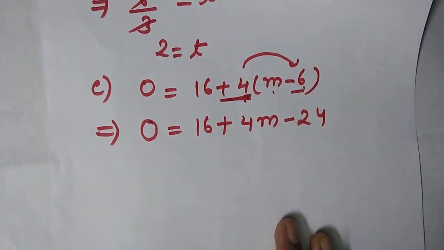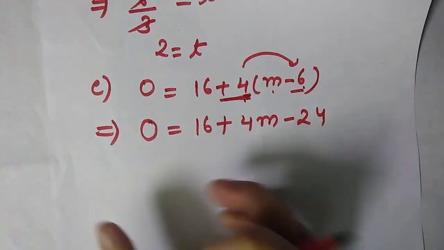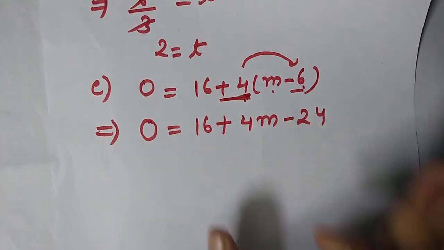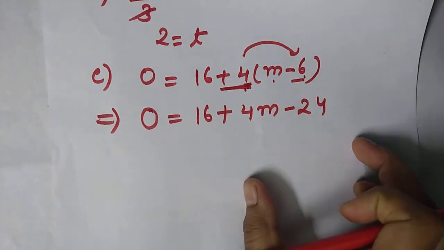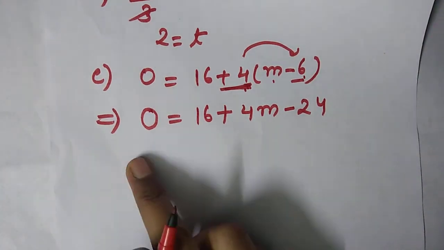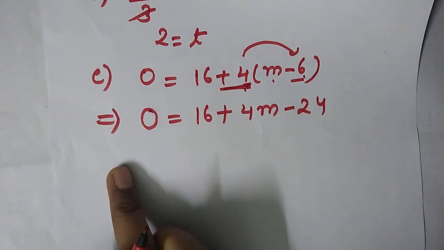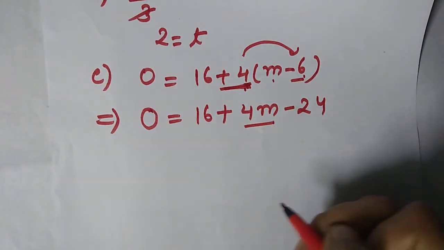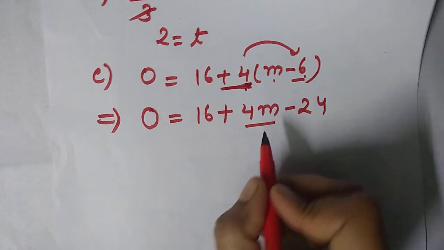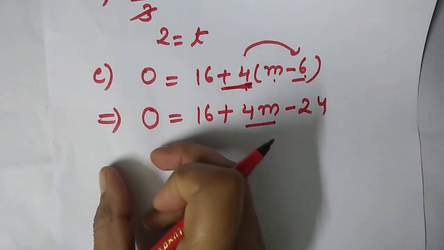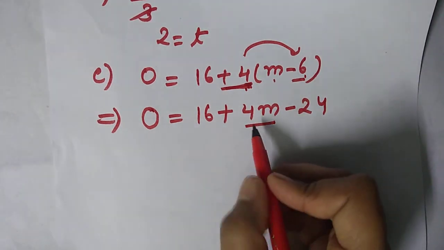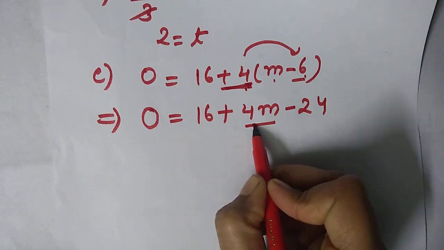Now I will collect the variables on one side and constants on the other. So here I am taking variables on the left hand side. This is the only variable, and I want to collect the variables on the left hand side, so for that I need to change its side, 4m.